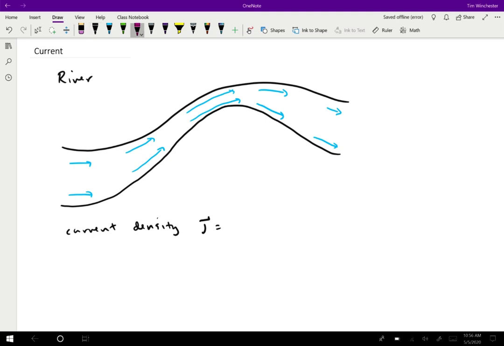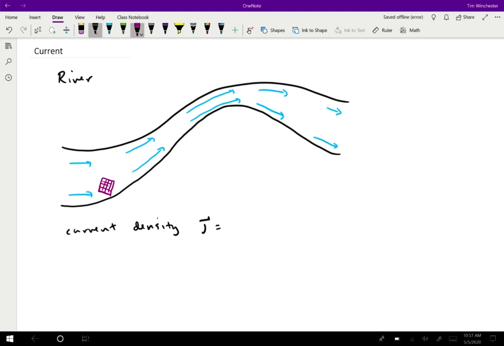So one way to think about it is I could imagine that I put a little net in the water, like this. And so I want to know how much water is passing through my little net. So in a way that's essentially the same as how we thought about flux before. I have this little area and I want to know how much flow is going through it. Now it's a literal flow rather than a figurative one like we had with flux.